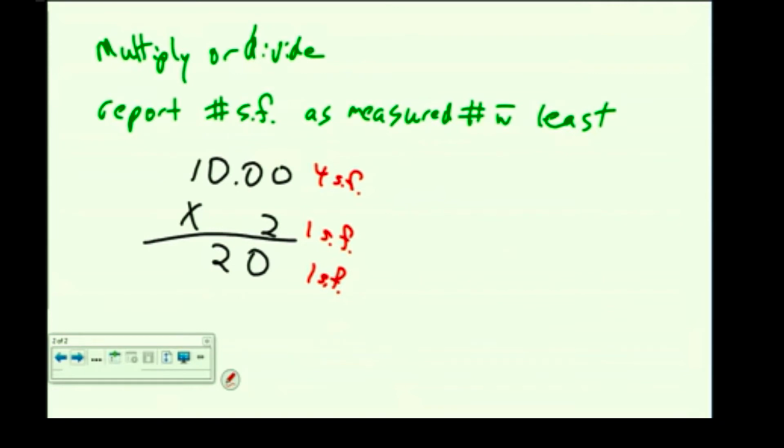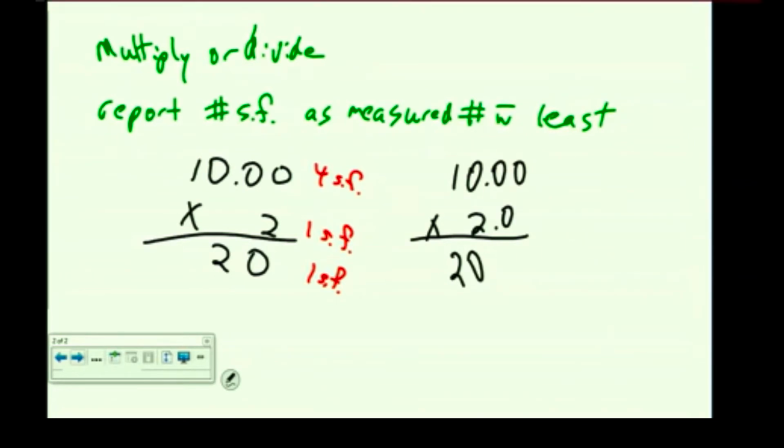What's different? How can I change that? Well, what if I had 10.00 times 2.0? What's the answer now? What's 10 times 2? 20. How many sig figs do I need to have in my answer?